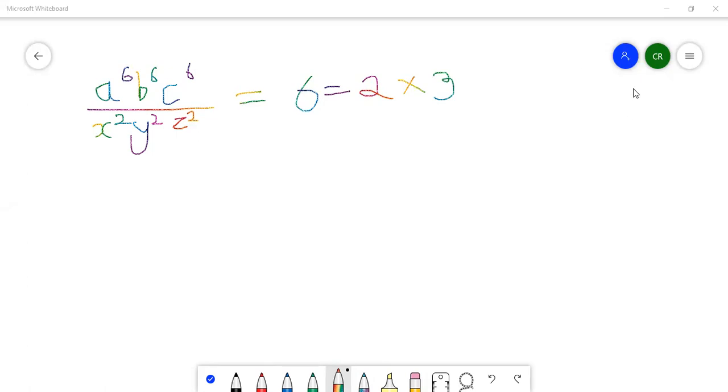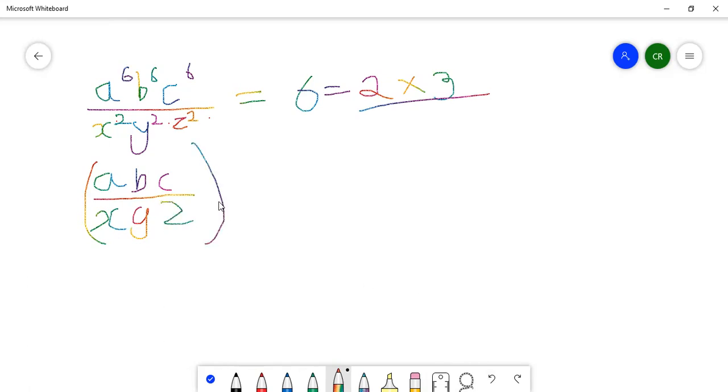Then we can write this in the format a to the power m upon b to the power m, a upon b whole raised to n. First we'll simplify it. So 2 into 3 we got. Now we will keep the bases the same. So here 2, 2, 2. We can write it as a, b, c, x, y, z.